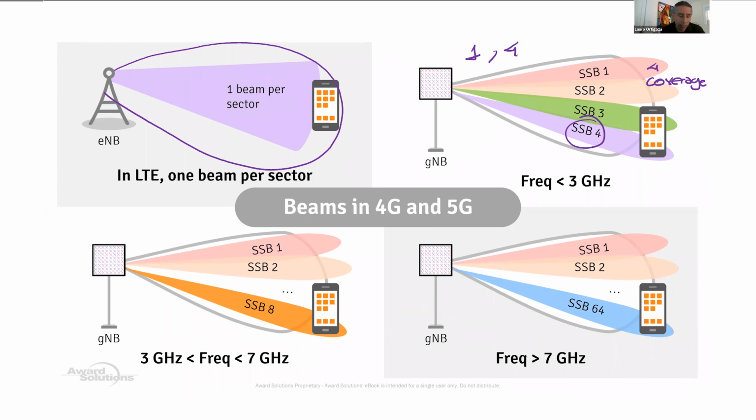Now, these coverage beams, guys, carry control information. They carry my synchronization signal block. That is my primary synchronization signal, my secondary synchronization signal, and also they carry my MIB, my master information block, which goes inside my PBCH. Okay?